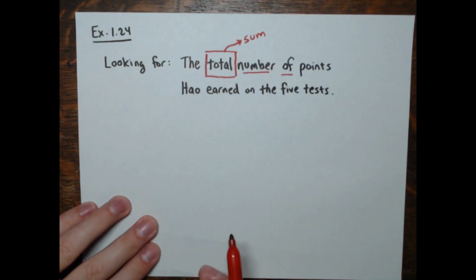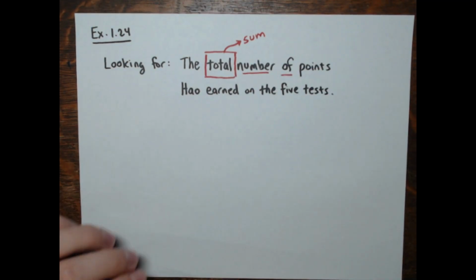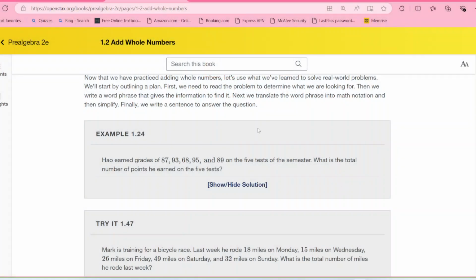You were adding. That's this whole section, right? The title of the section is Add Whole Numbers.